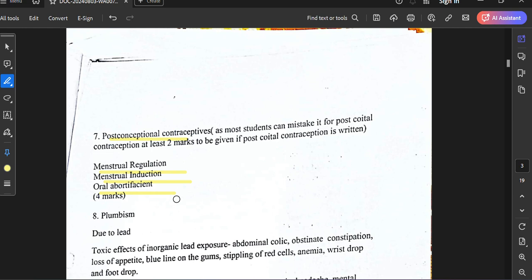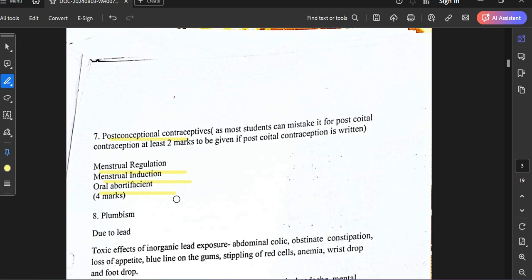What all things we can do come under post-conceptional contraceptive. First, menstrual regulation, that is keeping the menstrual period, you can take drugs to have the menses be normal from next time onwards.